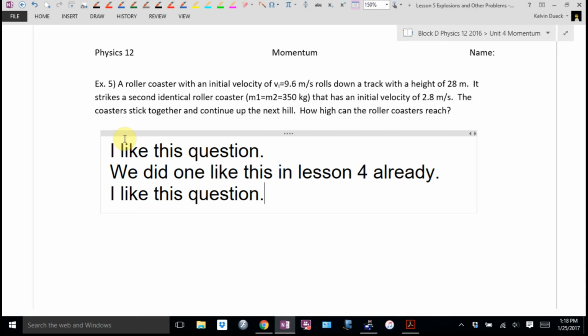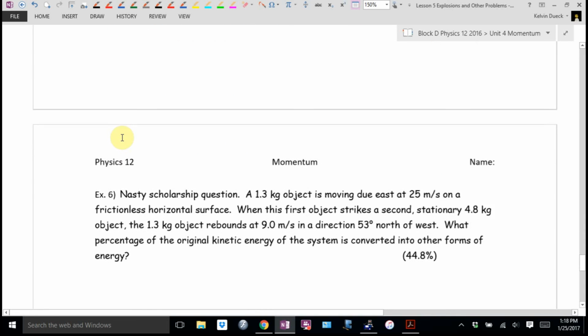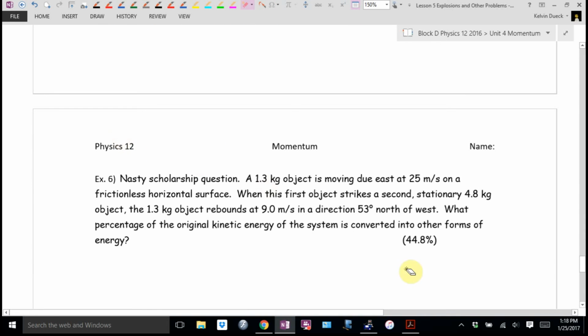In fact, it was the question where you had such wonderful artwork. Remember that one? Such beautiful drawings, Mr. Dewitt. Well, thank you. I'm all embarrassed now. Since we've done one like that, I'm going to gamble and say that you're okay. And instead, I'm not going to do the scholarship question.